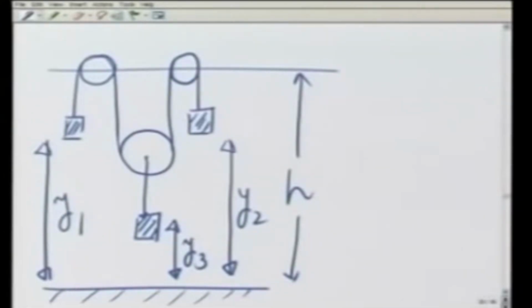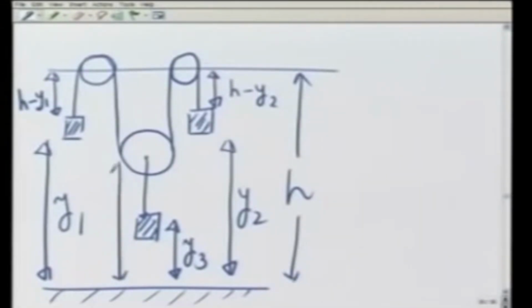So let us see what the different distances involved are. This is going to be h minus y1, this is going to be h minus y2, and this is yp, I need that also. This is going to be h minus yp, and so is this.